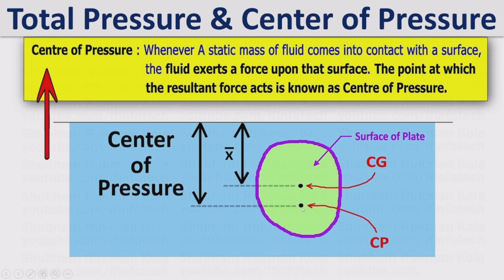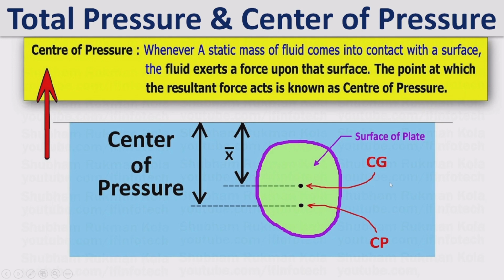So more force is there in the lower part compared to the upper part. Here x bar is the center of gravity, and this is the center of pressure, the distance from the surface up to the point at which the total pressure acts, which we take as h bar.